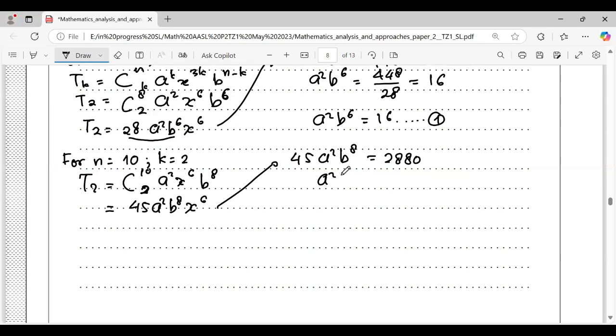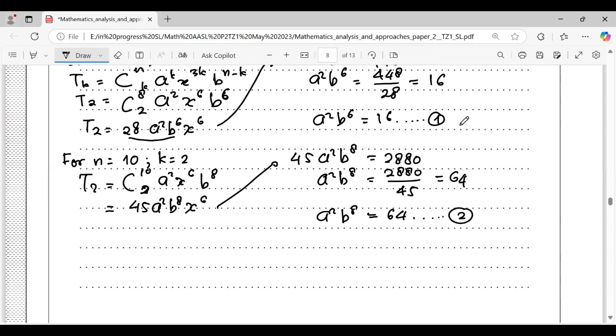So a squared b power 8 equals 2880 divided by 45, and it is 64. So a squared b power 8 equals 64. This is the second equation.